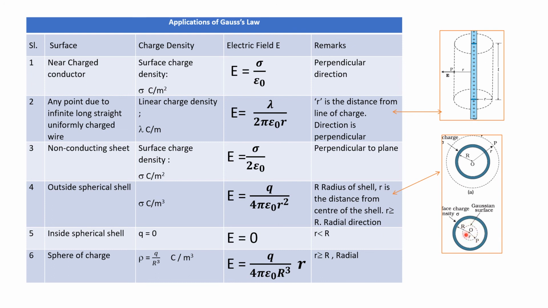Therefore, E equals 0. And for a sphere of charge, rho is equal to Q over R cube coulombs per meter cube. In this case, the electric field intensity is given by E is equal to Q over 4 pi epsilon naught R cube into r, where r is greater than capital R, and it is directed radially.